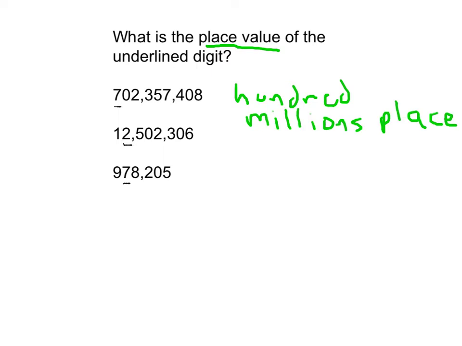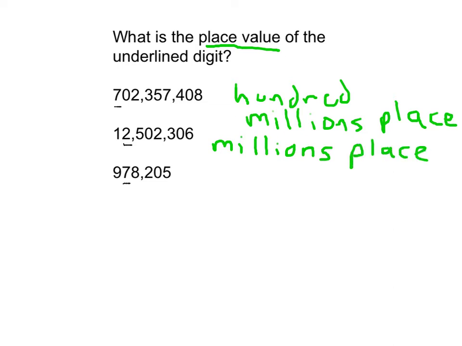In that next number, we have that 2 underlined. And then so we have the ones period, the thousands period, the millions period, and this particular place in the millions period is called the millions place. You'll notice I write it out, millions, and I do write place there as well.